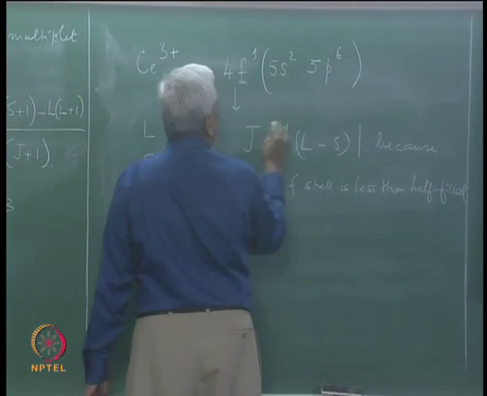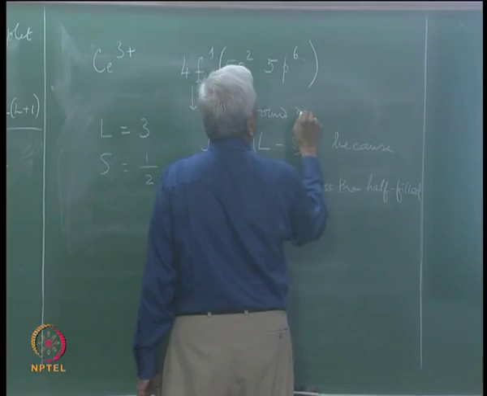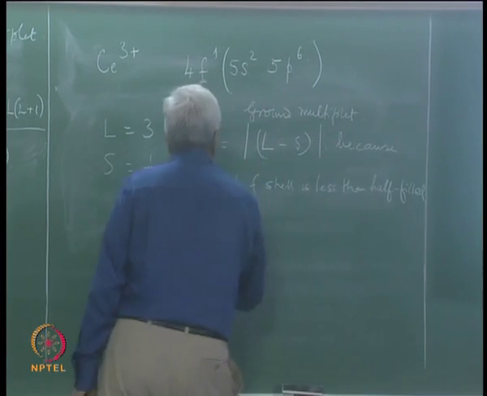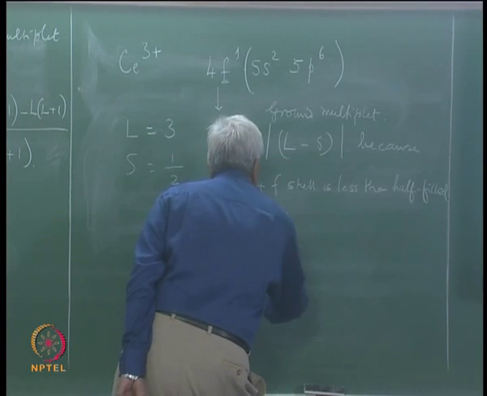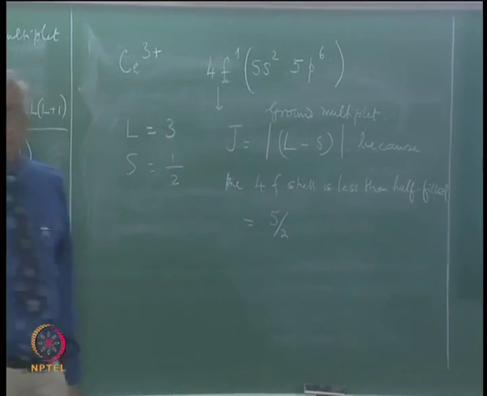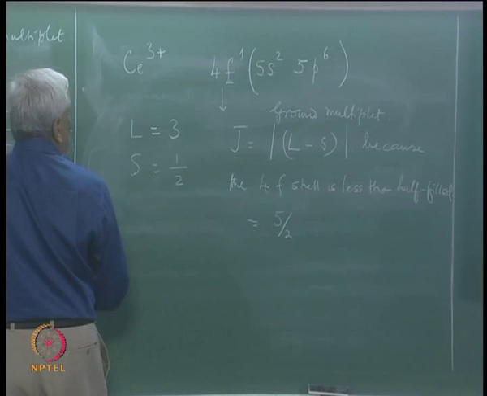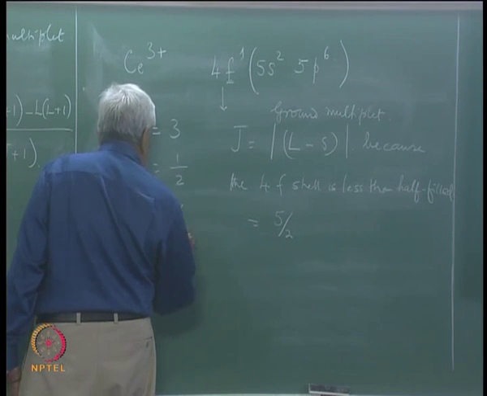So, this is the ground multiplet. Since L is 3 and S is half, this will give you 5 by 2. So, the ground multiplet has L equal to 3, S equal to half, and J is 5 by 2.